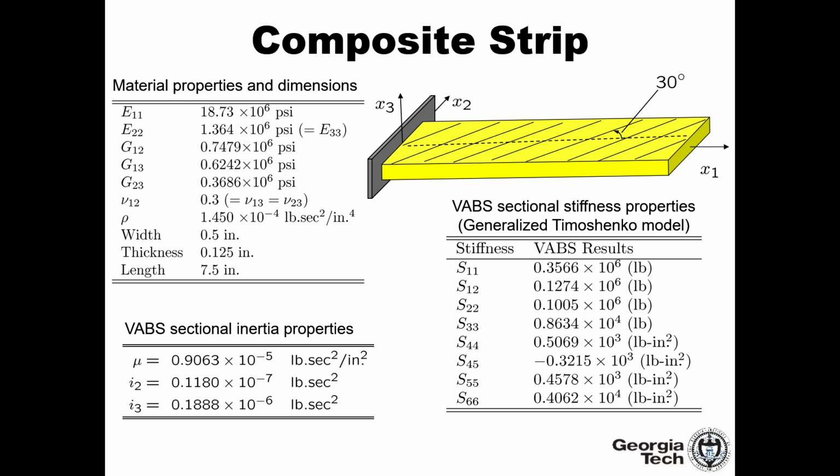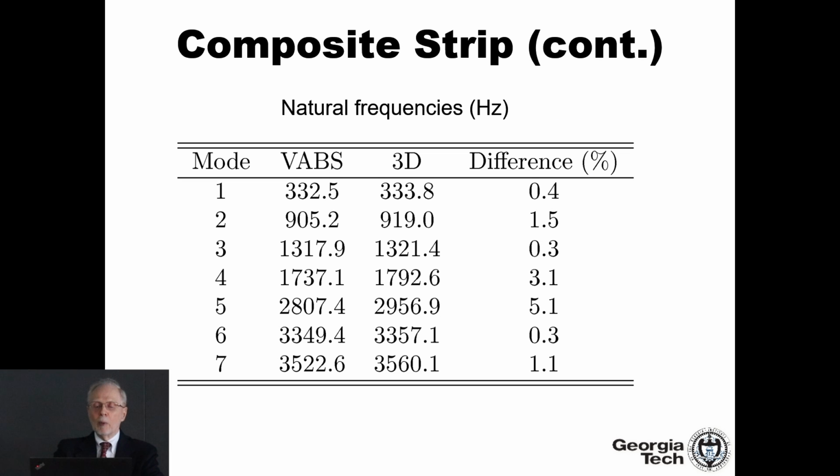We also get inertia properties, as in the lower left part of your screen, and we can calculate natural frequencies and mode shapes. Here, the natural frequencies are tabulated along with the natural frequencies obtained from 3D finite elements.